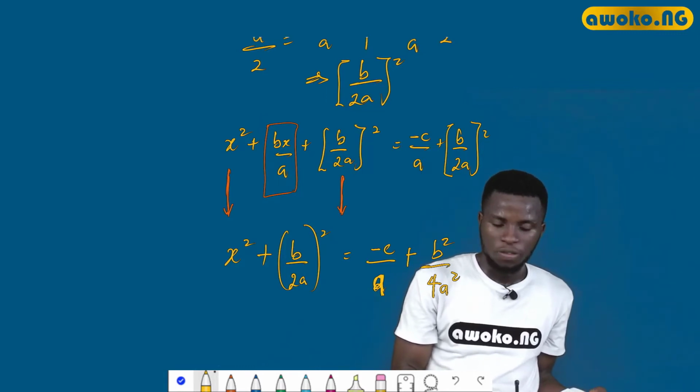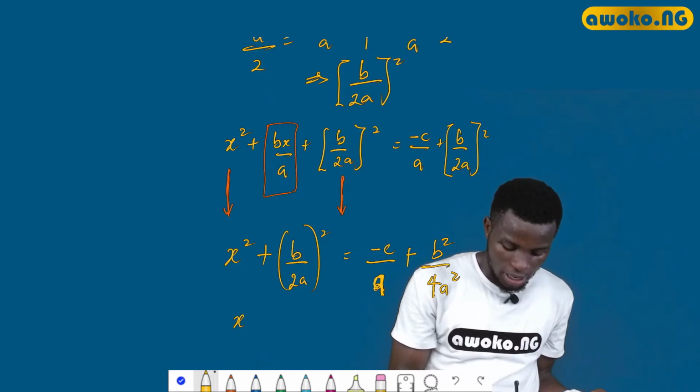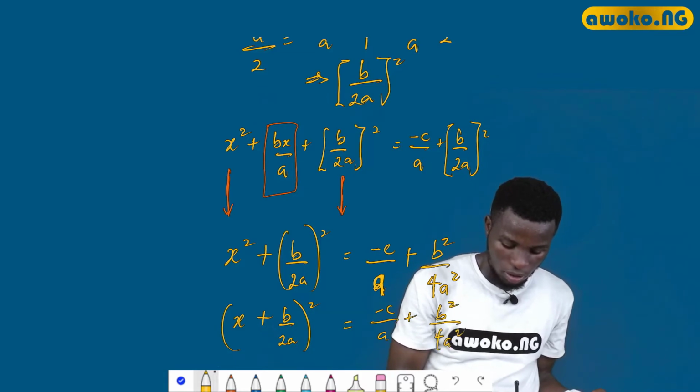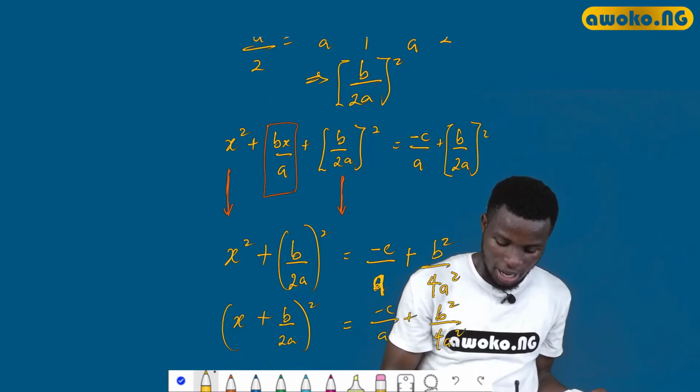To simplify this further, we can say x plus b over 2a all squared equals minus c over a plus b squared over 4a squared.